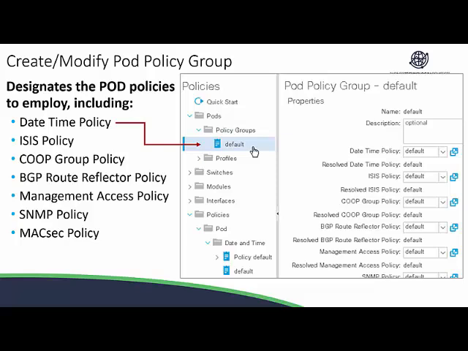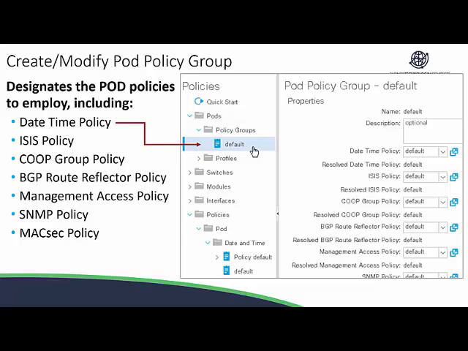Time synchronization is critical to fabric operations. So usually there's not a whole lot of need to change these default policies. Date and time policy is very important. For ISIS and COOP policies, you can just take the defaults and let the system manage that. That's what it's there for.